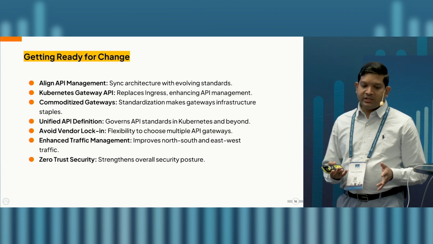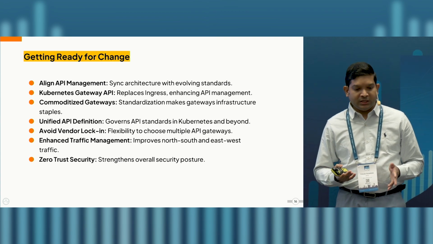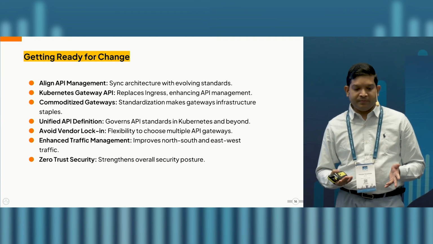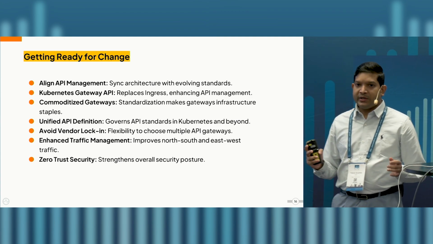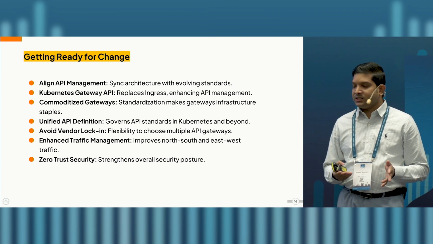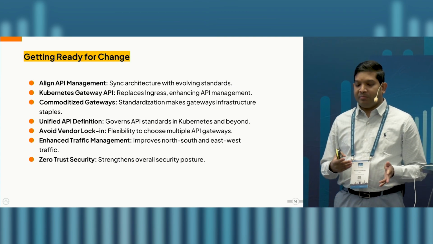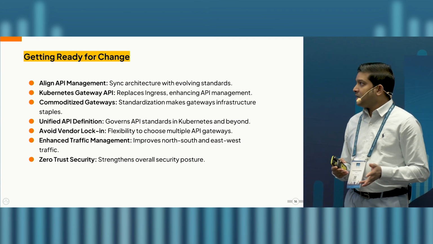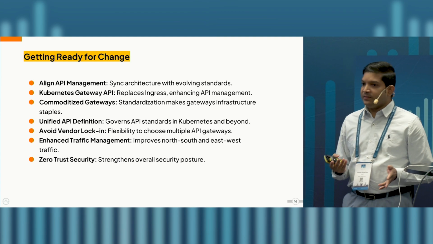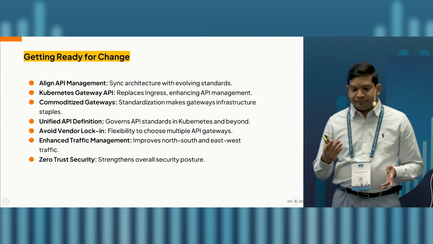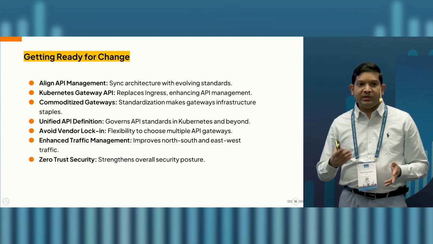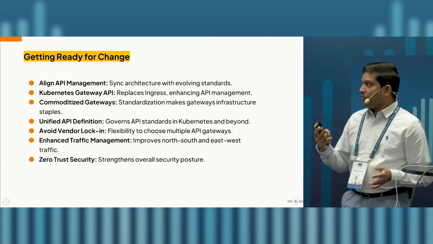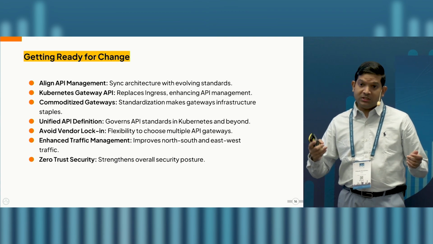It is essential to integrate your API management architecture with these developments to effectively prepare for upcoming changes. The Kubernetes Gateway API is set to replace the Ingress specification in Kubernetes, elevating API management within the Kubernetes ecosystem. As a result, gateways are becoming a more commoditized part of the infrastructure, and this specification will dictate how you define APIs in Kubernetes, and more broadly as well, not just in Kubernetes.